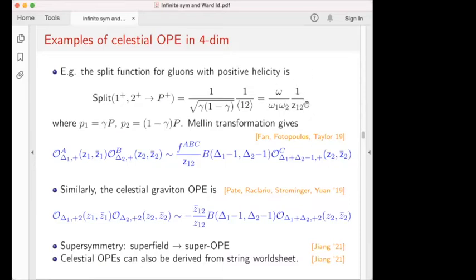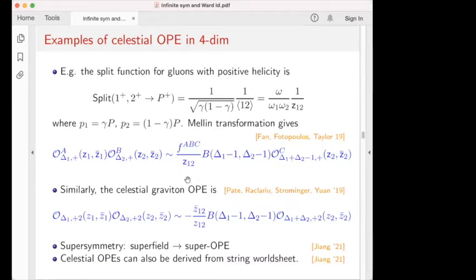We can perform the Mellin transformation. Then we have this OPE. So here we have O delta plus A, where delta is the conformal dimension, plus is the spin, plus 1, which is just the helicity of this positive helicity gluon, and A is the color index. So we just put two such operators together, then we get another gluon with positive helicity and the color index C. Also, the dimension is shifted.